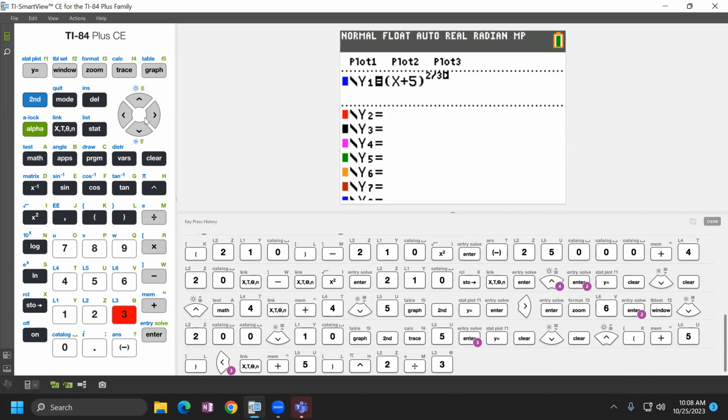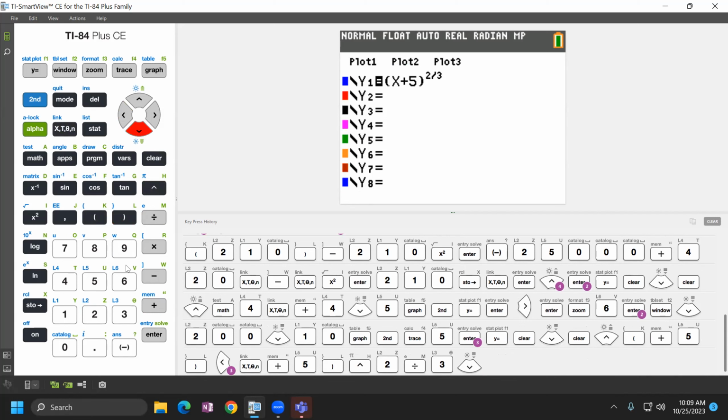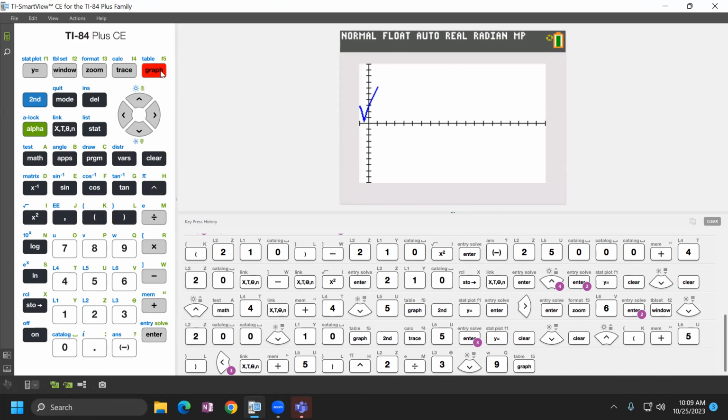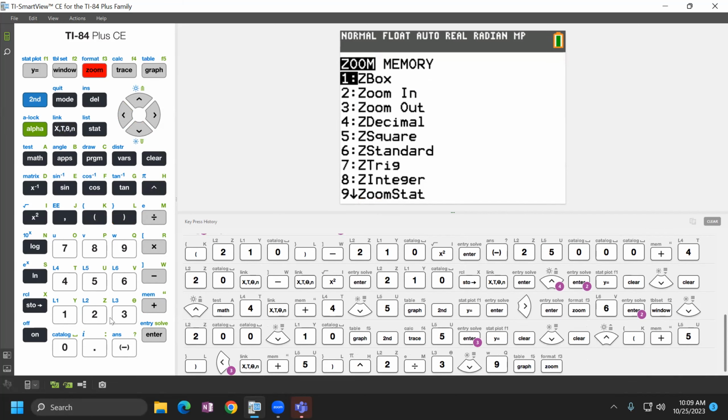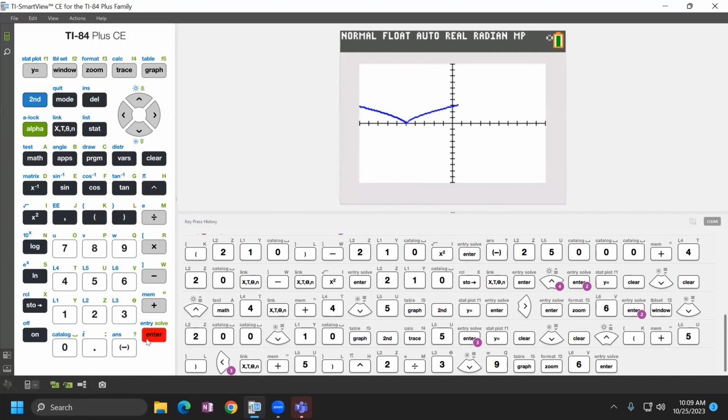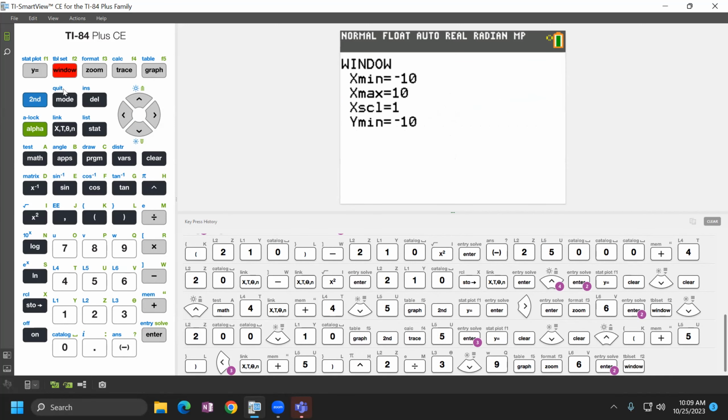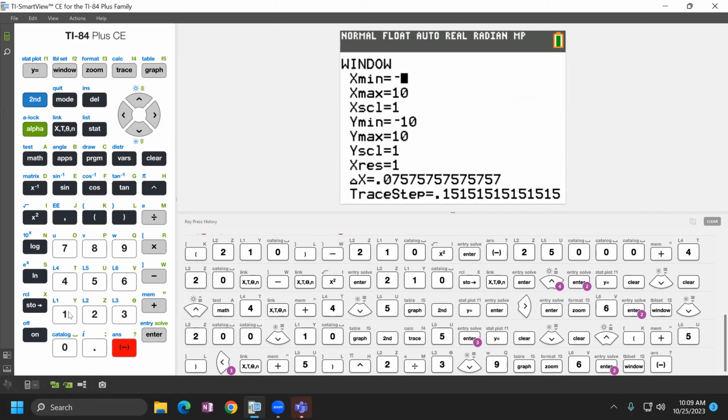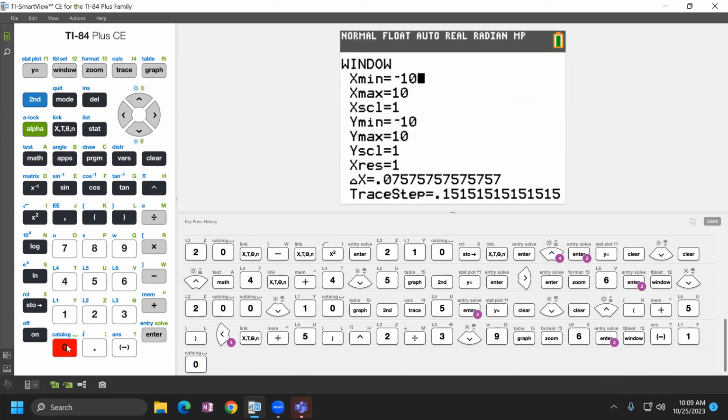And the right-hand side is 9. I probably need to go back to a zoom standard. It's above what I can see in the y direction and in the x direction. So I'm going to change my window to negative 100 to 100.